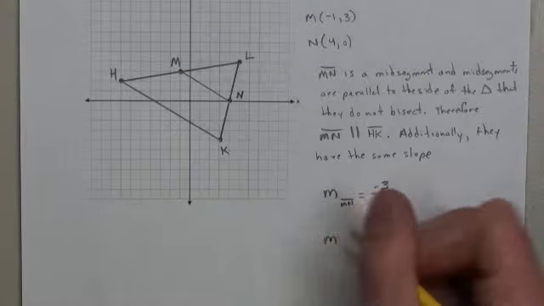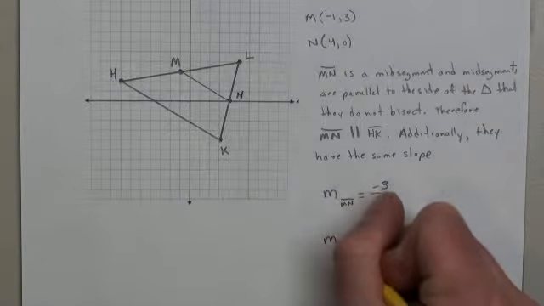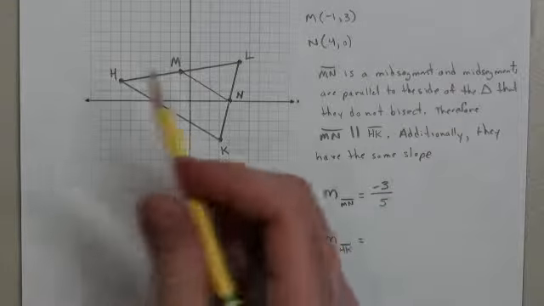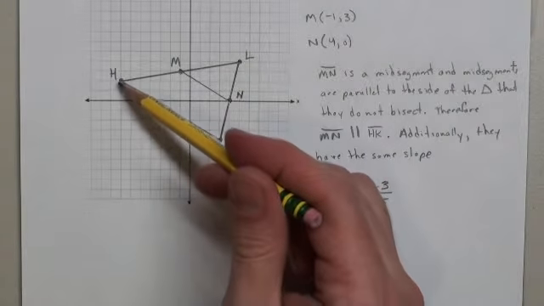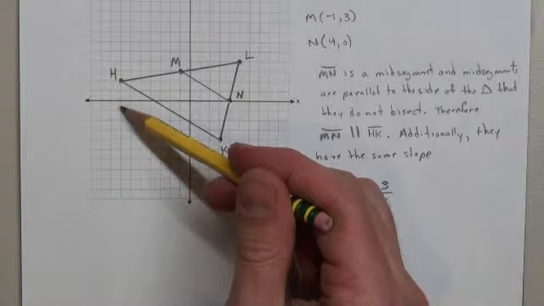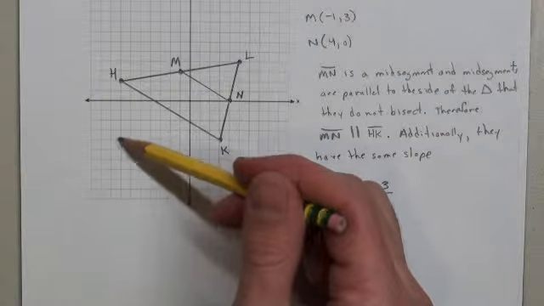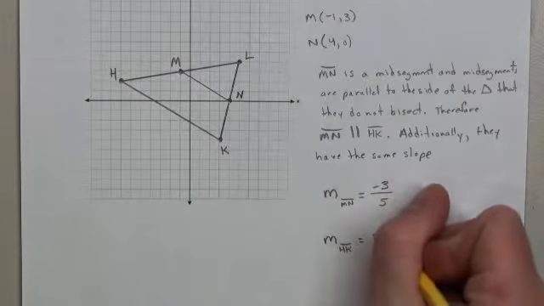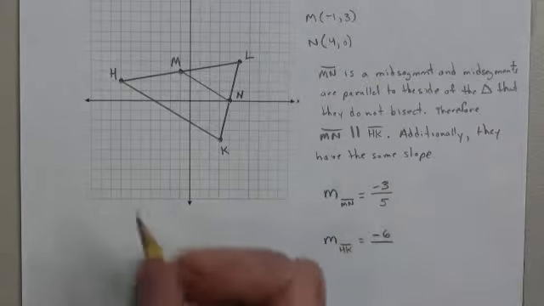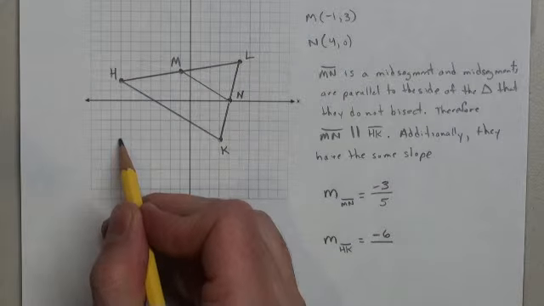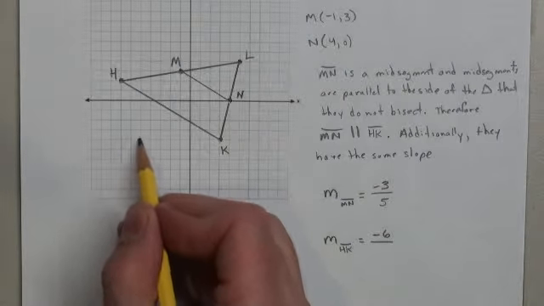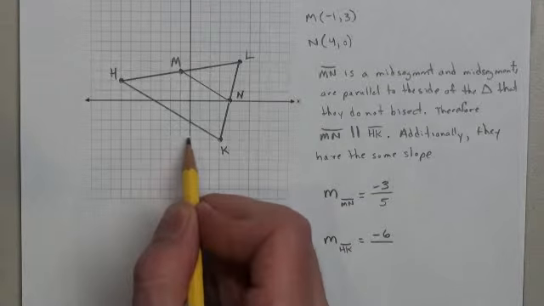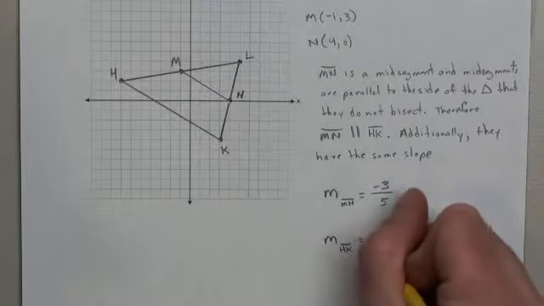Now if I want to do the slope for HK, first I do my Y direction, that goes on top, and I'm going to go down 6. So negative 6 over, and I go to the right, which is positive 10.